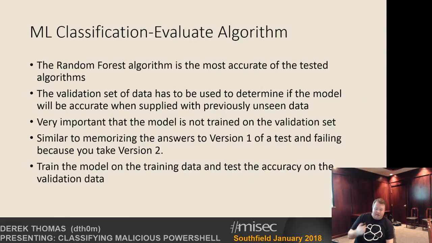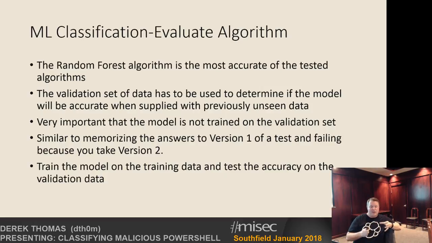Here I said the random forest algorithm was the most accurate on our testing set. Here we've only been working on the testing set. At this point, we need to feed it data we've never seen before, the validation set, because our accuracy is derived from tenfold validation. We're still training on each one of those folds, so we're training on much of the same data.